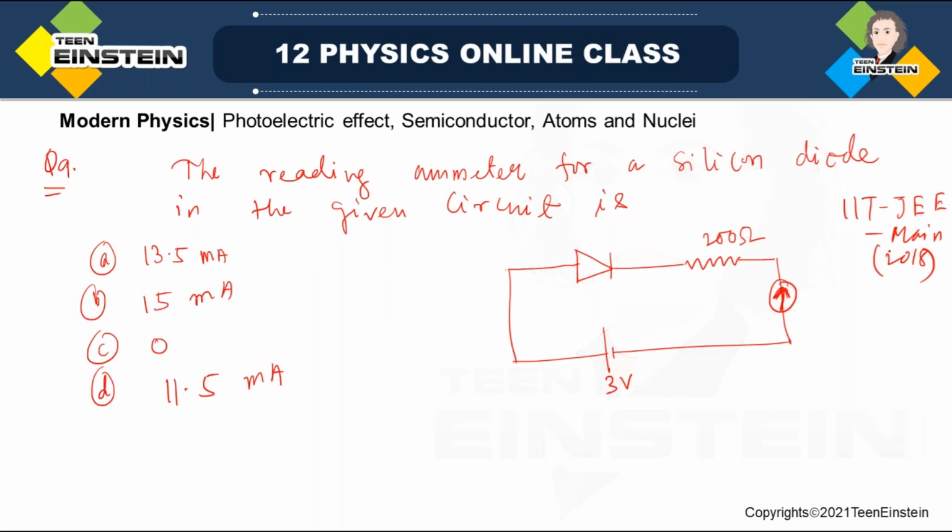Okay, so you know what happens when you look, this is actually forward biasing, right? This is the P side and this is the N side. The P side is connected to the positive terminal of the battery, so it is forward bias, there will be conduction of current, that is for sure.